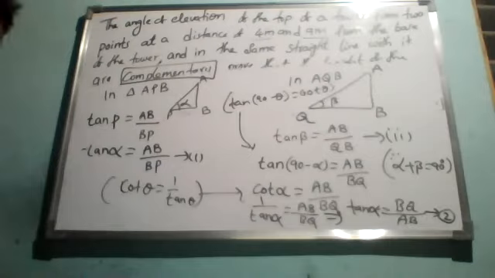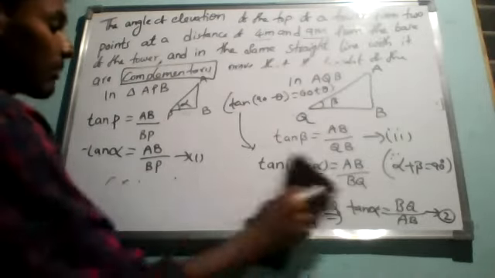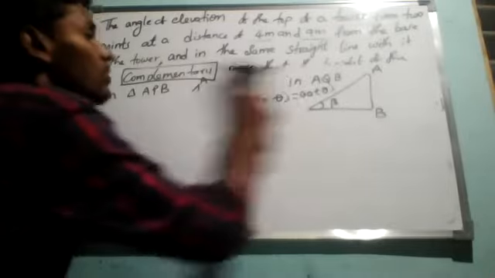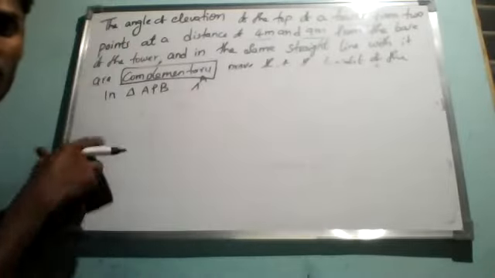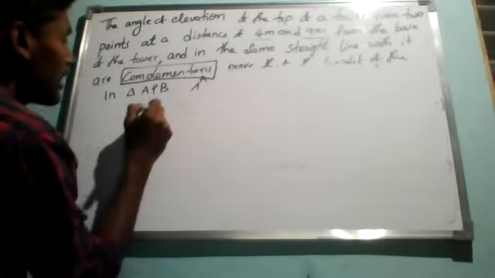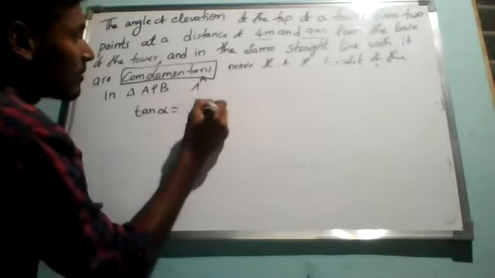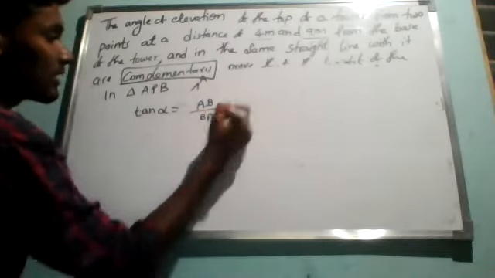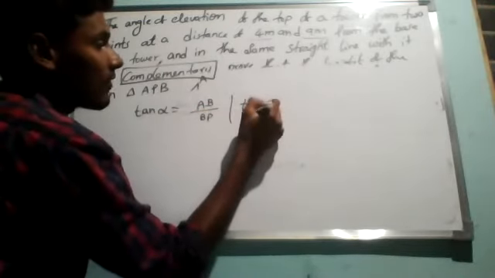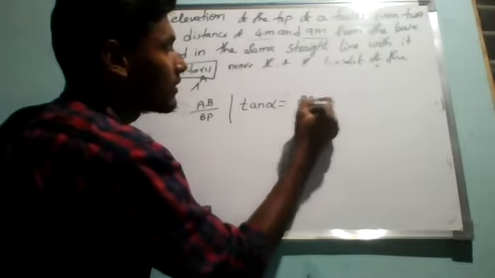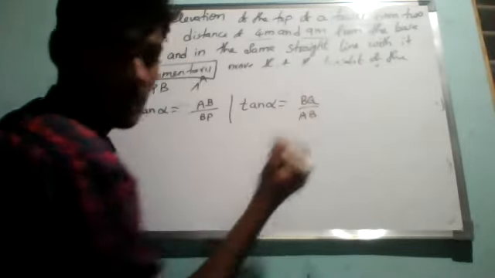Let me compare 1 and 2. What is going to happen? One is tan alpha equals AB by BP, and the next one is tan alpha equals BQ divided by AB.